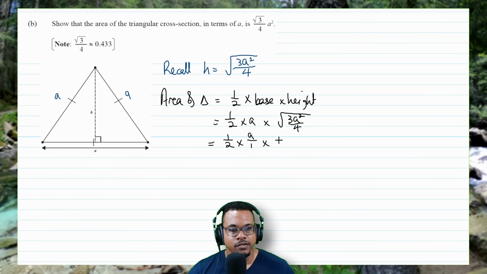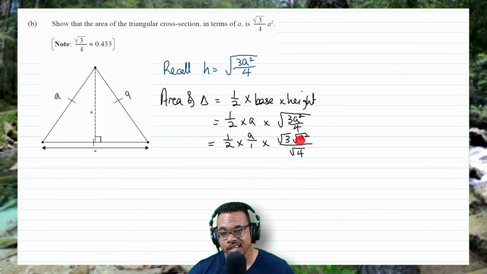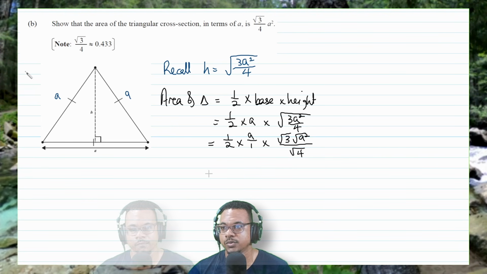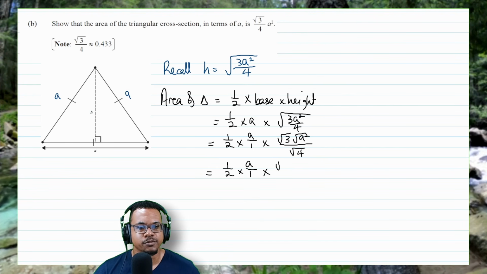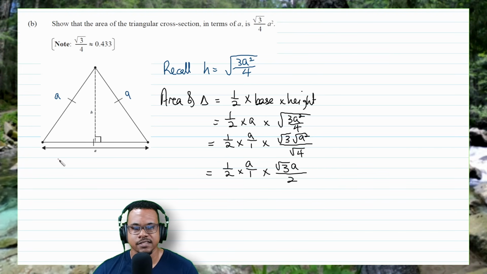The square root of a squared will just give a, and the square root of 4 will give 2. So what we'll have is a half times a over 1 times the square root of 3 times a over 2.